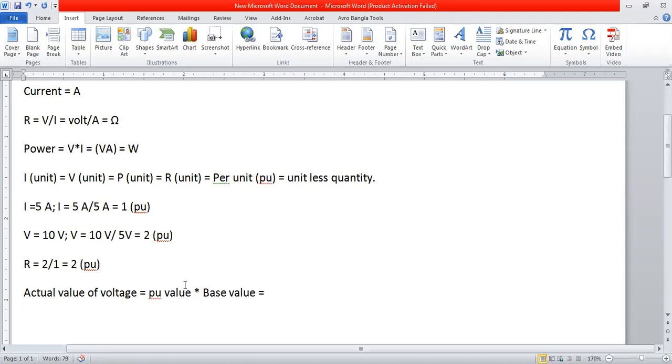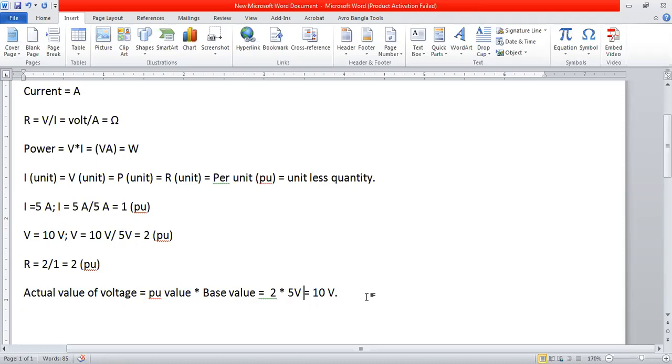So the per unit value of the voltage is 2 per unit, and it should be multiplied with the base value. The base value of voltage is 5 volt. Whenever we multiply this with 5 volt, the answer is the actual value of voltage, that is 10 volt. So from the per unit value, we can find out the actual or original value of the voltage. So this is the conception of per unit calculation actually.